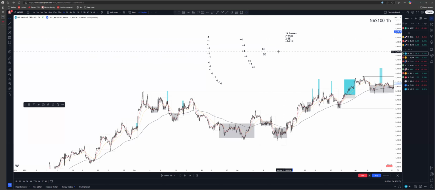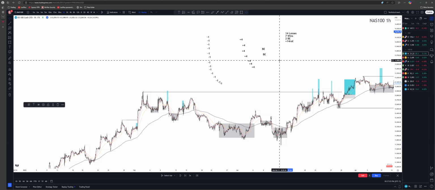All right. So as you can see, let's do 0.5% per trade, that equals a 7% gain on the account.